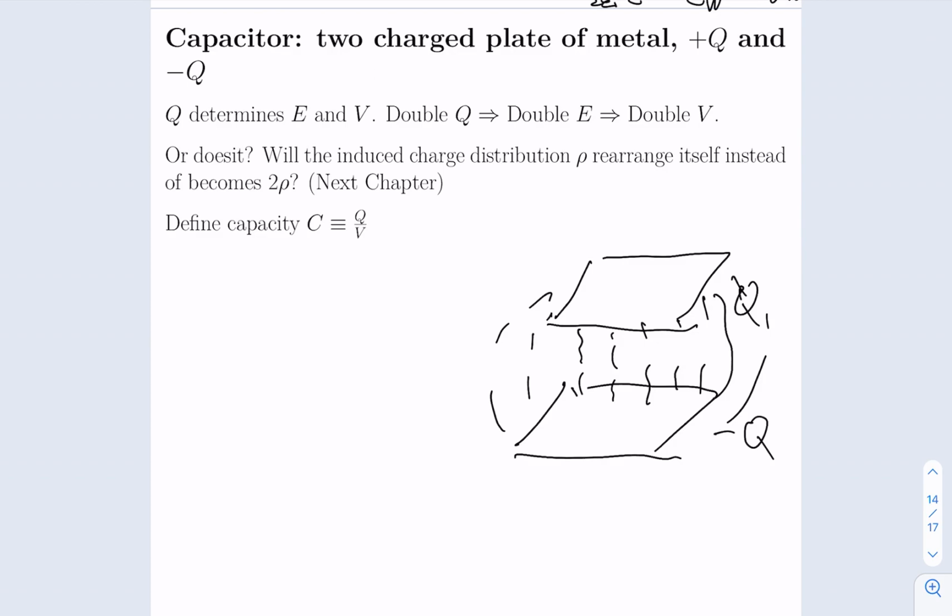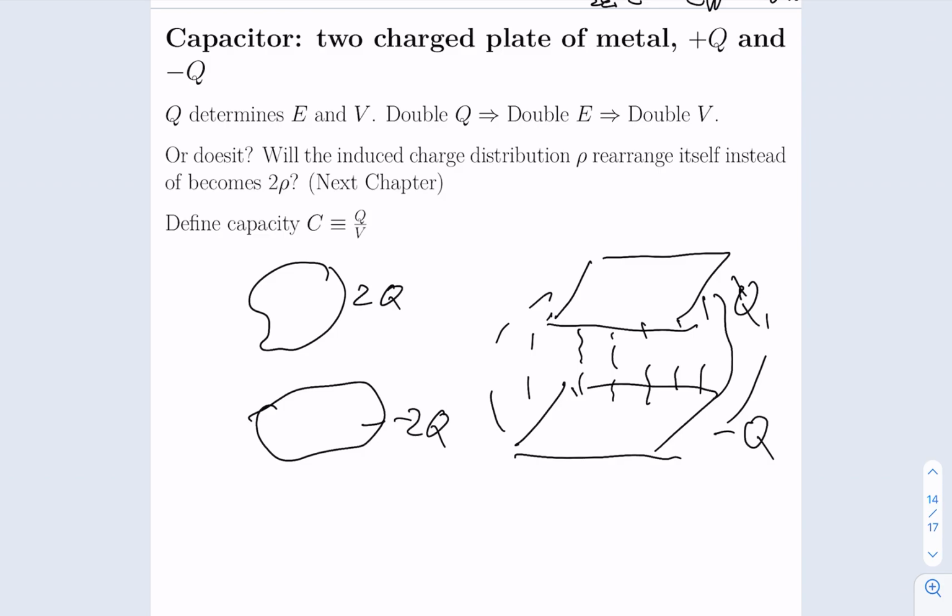But what we are interested in is an arbitrary capacitor that can be of arbitrary shape. And my question is, what happens if we double this charge from Q to 2Q? So instead of this being Q, say this becomes 2Q.